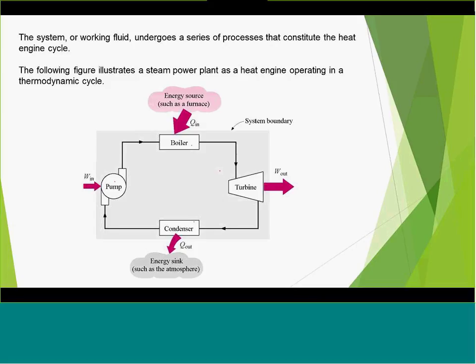So these are the system boundaries. The work comes in from here, and heat goes out from the condenser. Heat comes into the boiler, so there is more energy coming in.